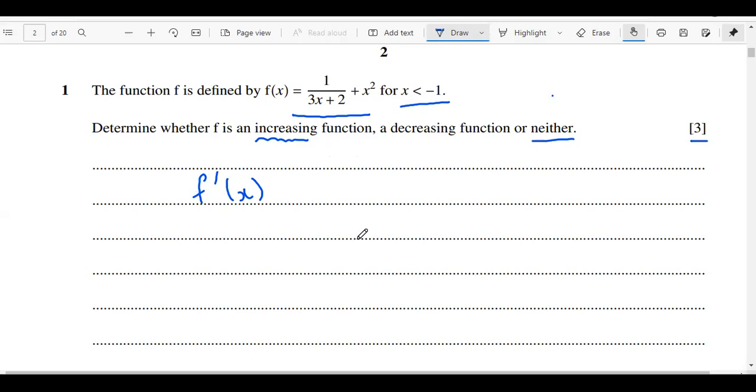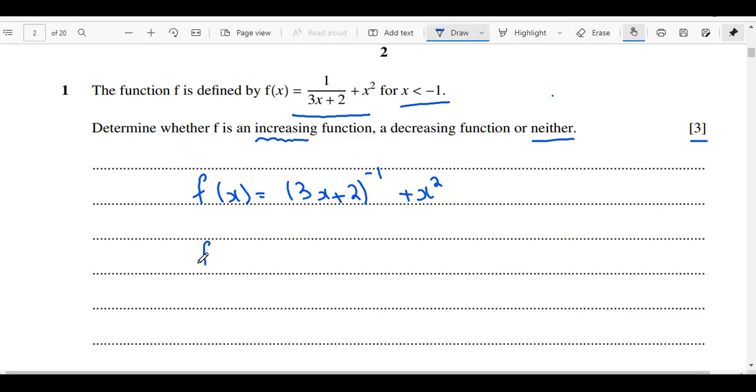All right. So first thing is that what exactly would be the derivative? For that, I'll write down the function properly. So f of x is basically 3x plus 2 to the power minus 1 plus x squared.